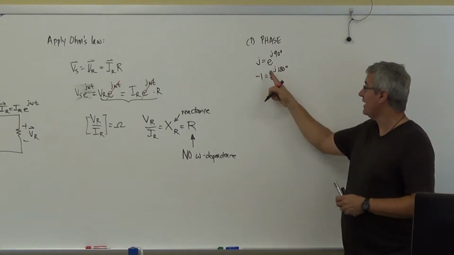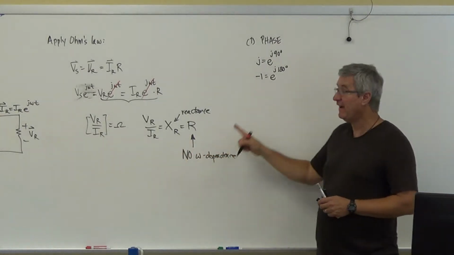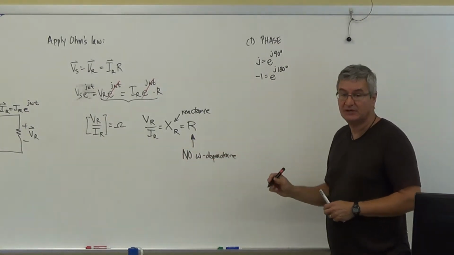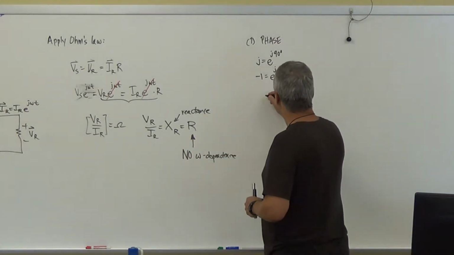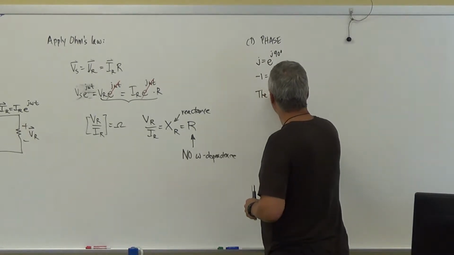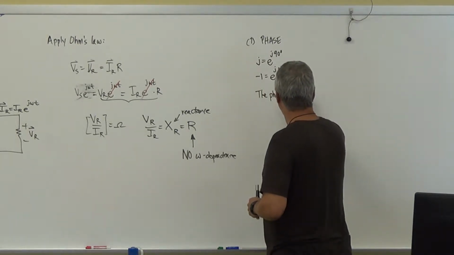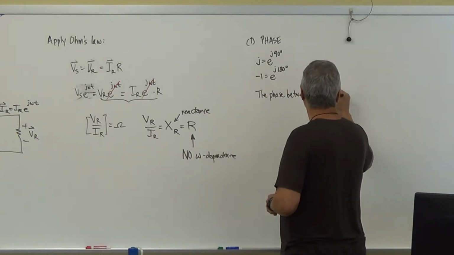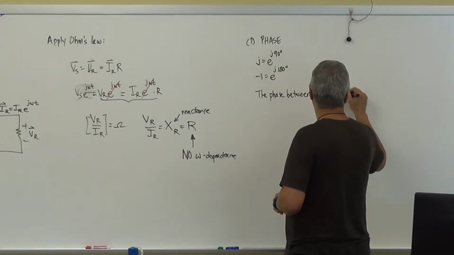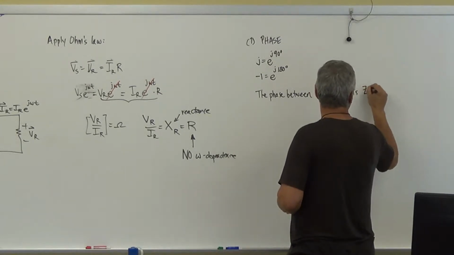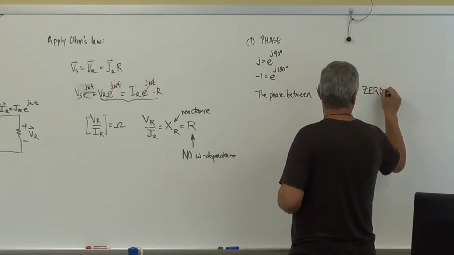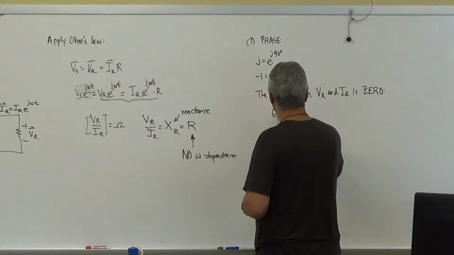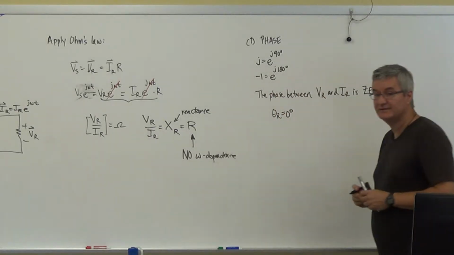So the fact that I don't have any J values, the fact that I don't have any minus values, implies here that the phase between VR and IR is 0. That means the resistive phase is 0 degrees.